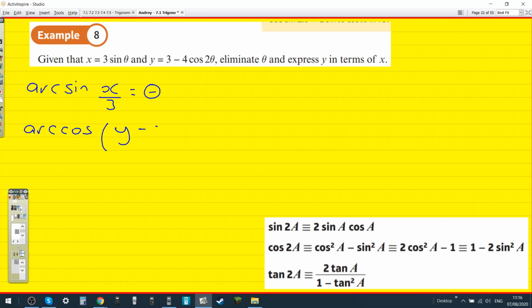Y minus 3 over, I believe it would be minus 4. Is it like that? So that's equal to theta? Yeah. And then make those two equal to each other? Yeah. I can see what you're thinking.